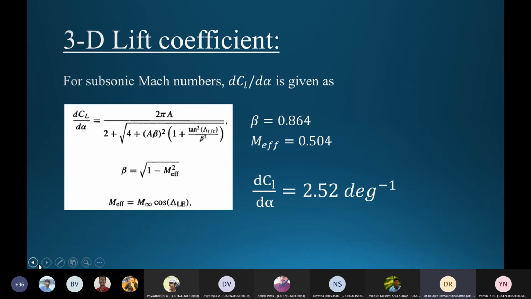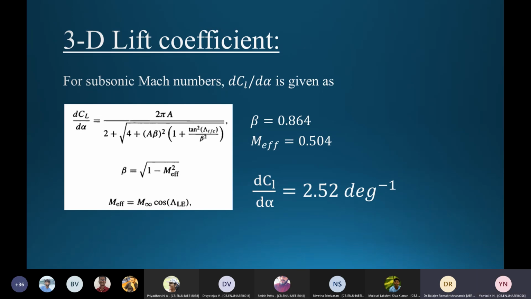See, 2 pi is how much? What is the value of pi? 3.14. 2 pi will be? 6.28. Yes, sir. So 6.28 approximately per radian will be your theoretical value for 2D.